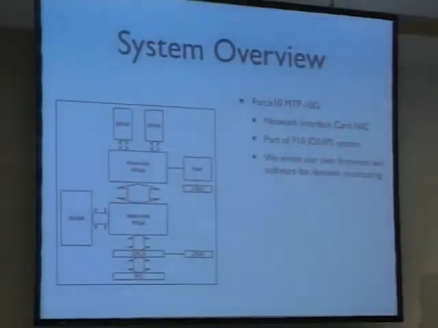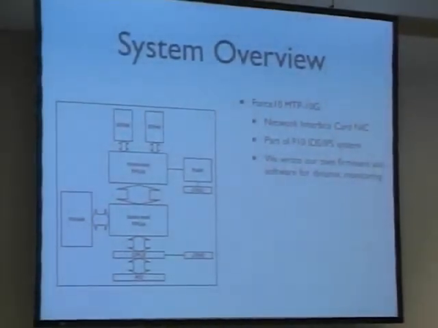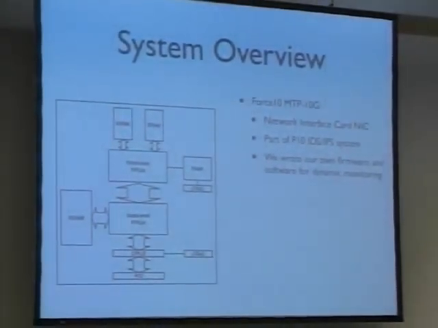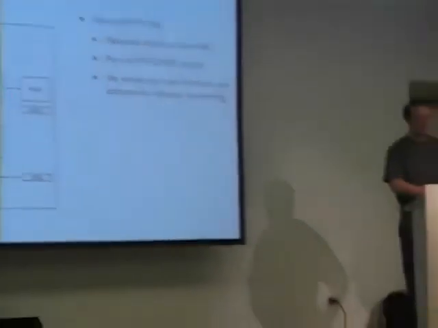That's a network interface card which is actually part of a security system, and that security system is to do intrusion detection on 10 gigabit Ethernet, also prevention, so block traffic that you don't want on 10 gigabit Ethernet.